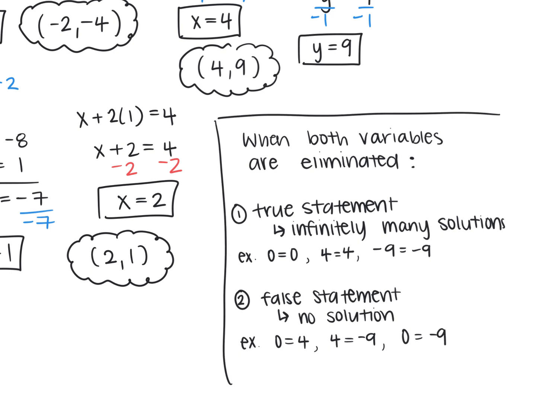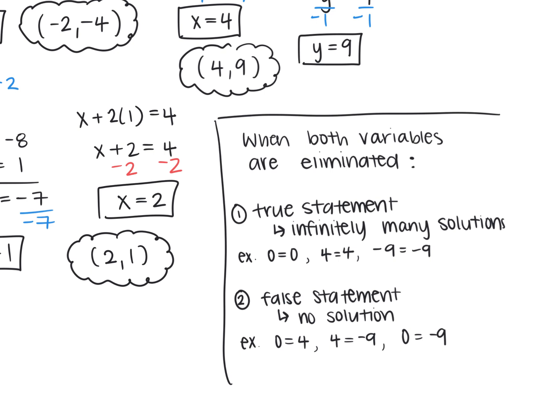None of these are true statements, which means there is no solution. 0 equaling another number is the most common type as well, but it is not the only time you could see. So if you end up with no variables left, then that's when you'll have a no solution or an infinitely many solutions.